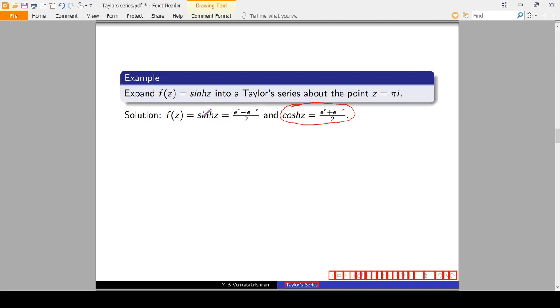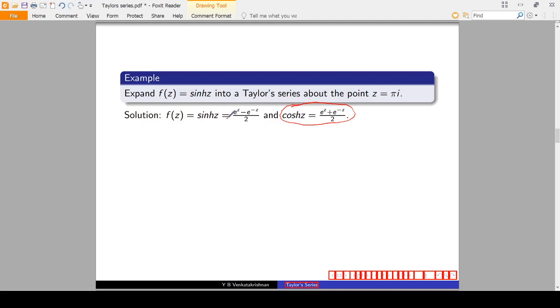So in this case, when you differentiate sin hz, you will have cos hz, which we will be using in f n of z. And similarly, when I differentiate cos hz, I will have sin hz, because e power minus z, when you differentiate, you will have minus e power minus z. So differential of cos hz will become sin hz.